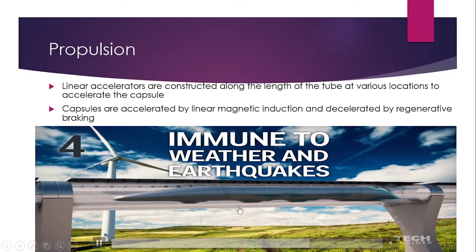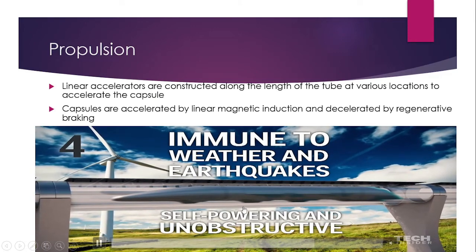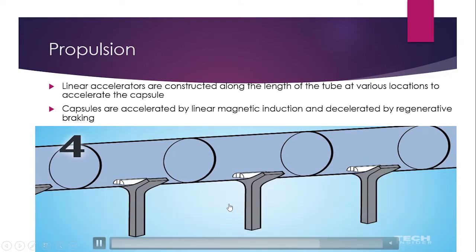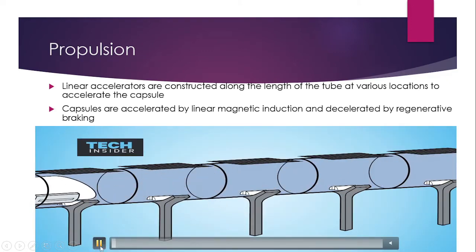And this is immune to all weather conditions. There will be solar panels above this low pressure tube, and the solar panels will supply the energy needed for the transportation.